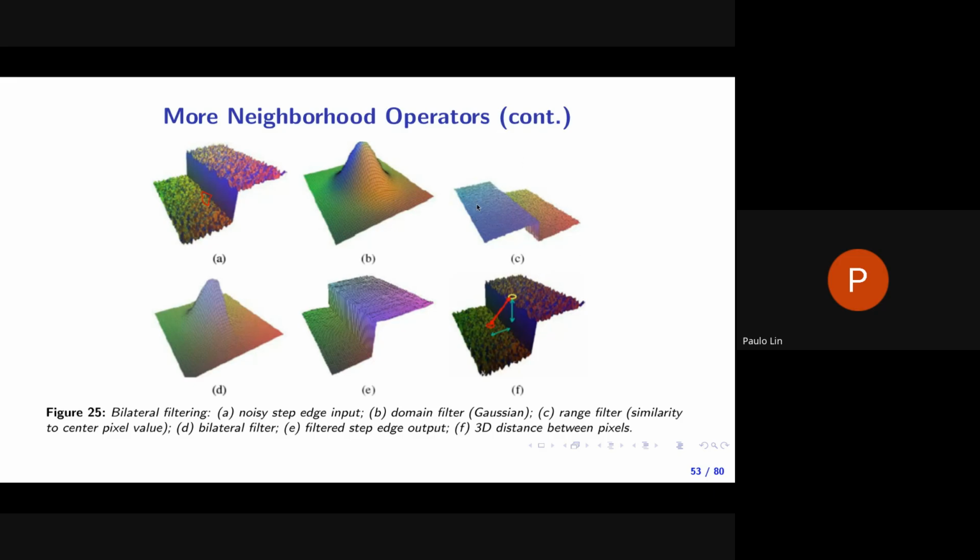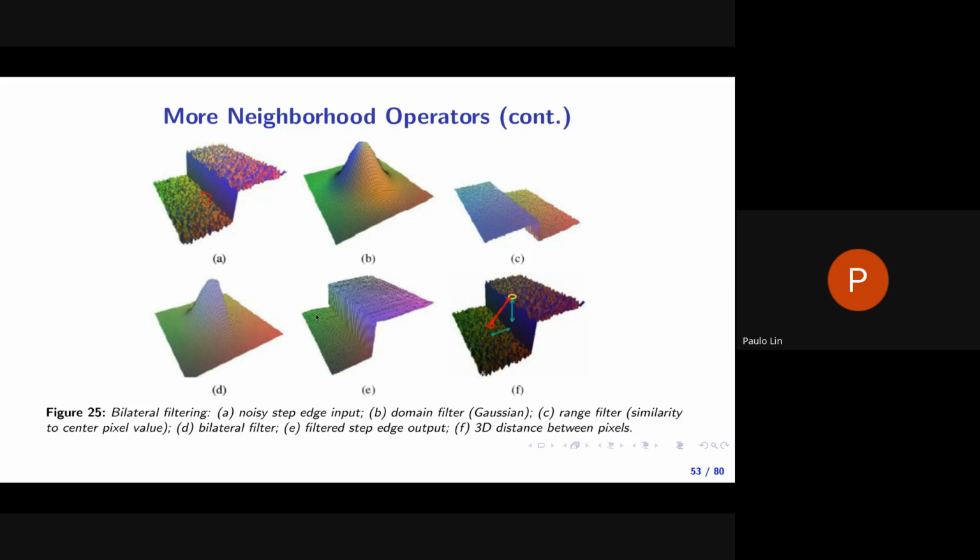And after we compute the range kernel and the domain kernel, as I said, we just multiply both kernels to obtain the final bilateral filter kernel, and apply this kernel to modify the pixel in the middle. And the result of applying a bilateral filter to the whole edge or to the whole image is this one.